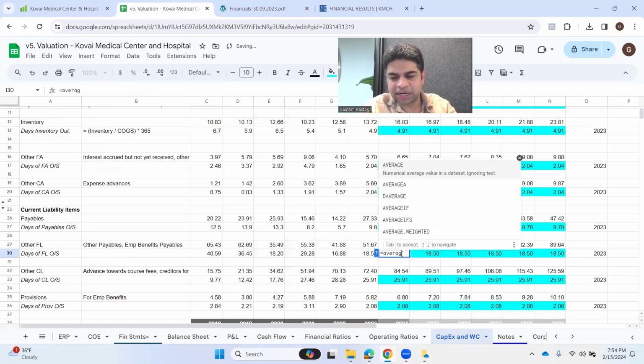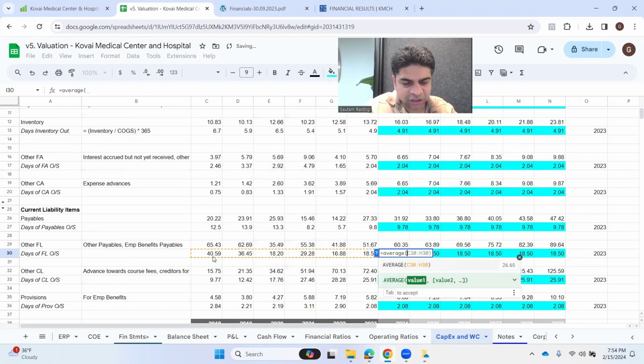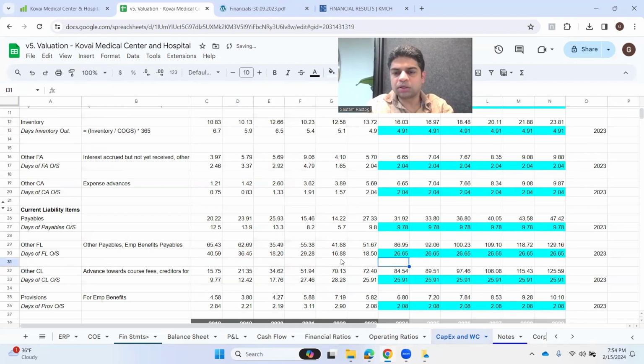You know what? Let's take the average. Right now we've just taken the last year's number. So let's take the average of days of financial liabilities outstanding, because the past looks higher. Earlier we were using this latest number to estimate our other financial liabilities.